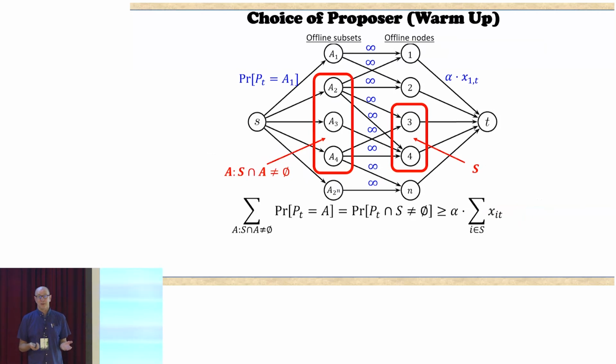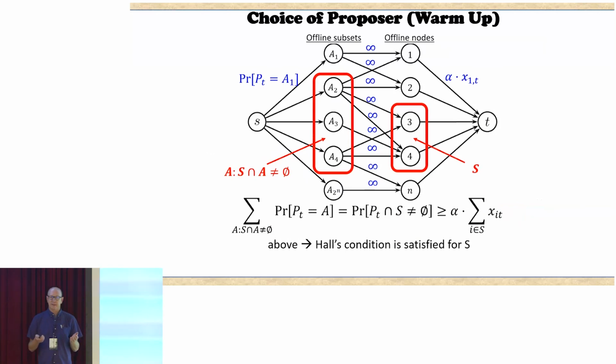Now, we know that if we look at the sum of the probabilities that P_t is equal to A, that's exactly the probability that P_t intersect with S is non-empty, which we have already shown is at least alpha times the sum of the x_it's.